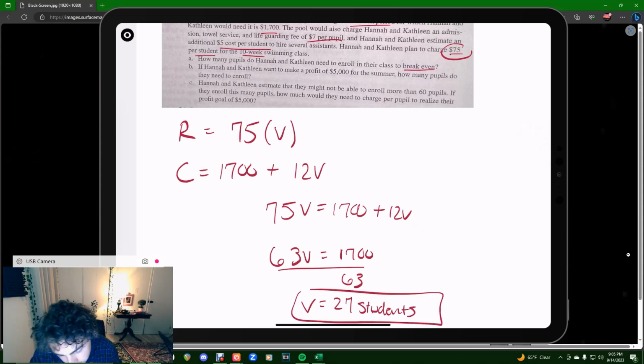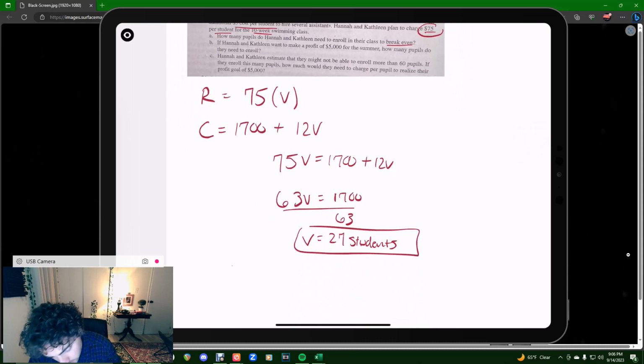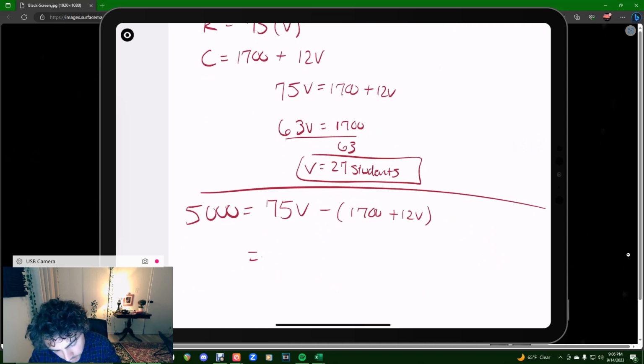What's the next question? They say if they want to make a profit of $5,000, how many pupils do they need to enroll? Same game as the last one. We set the profit equal to 5,000, keeping in mind that profit is revenue minus cost. So revenue, 75V, minus the cost of 1,700 plus 12V, and we solve for V. 75V minus 12V is 63V. Don't forget to distribute the minus to the 1,700.